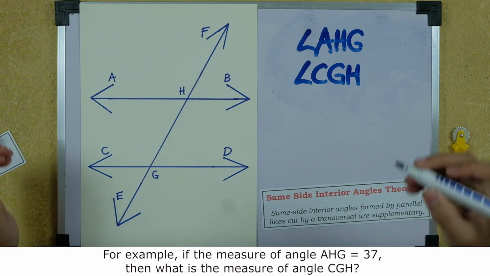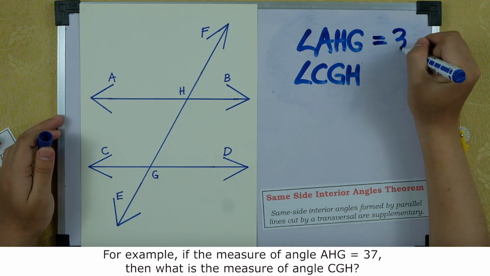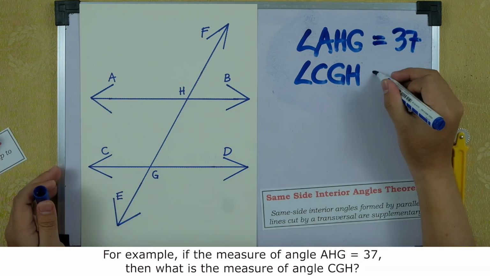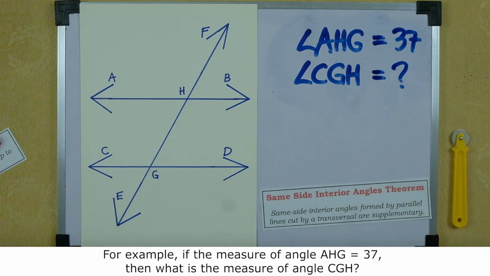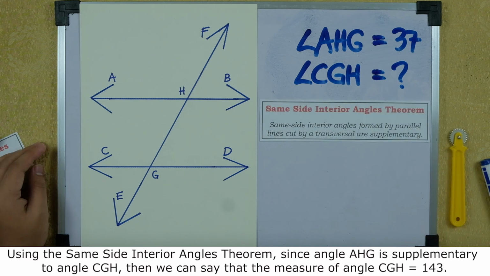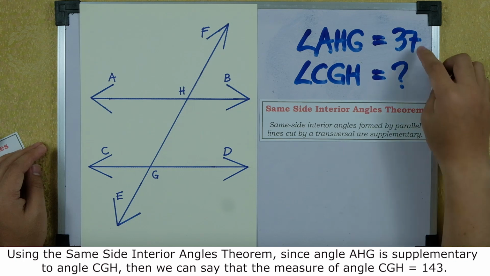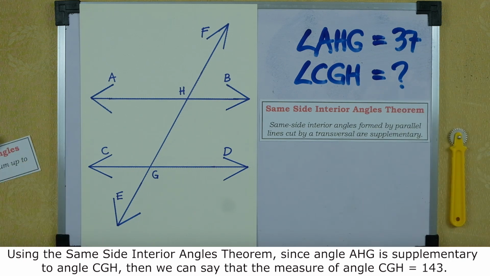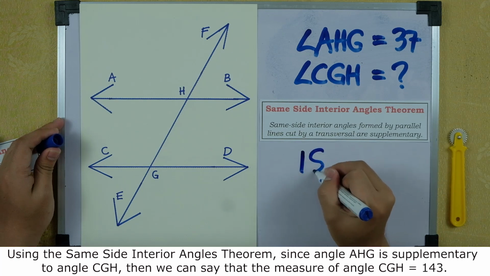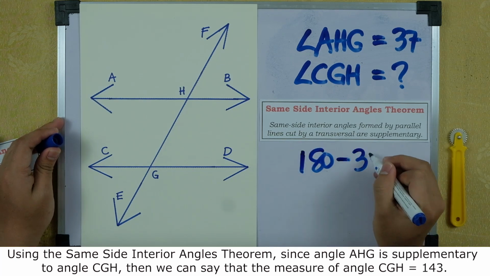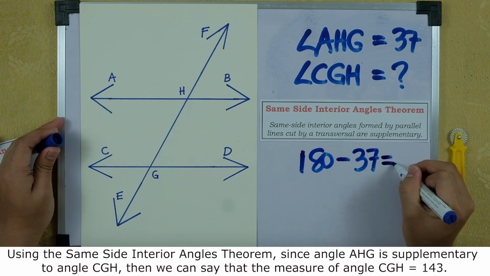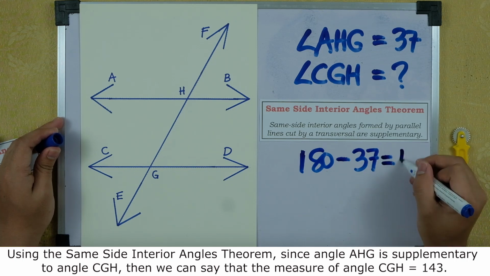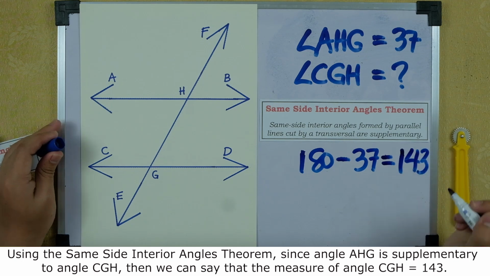Suppose the measure of angle AHG is 37. Then what is the measure of angle CGH? Using the same side interior angles theorem, since AHG is supplementary to CGH, then as we solve, we have 180 minus 37, we get 143.